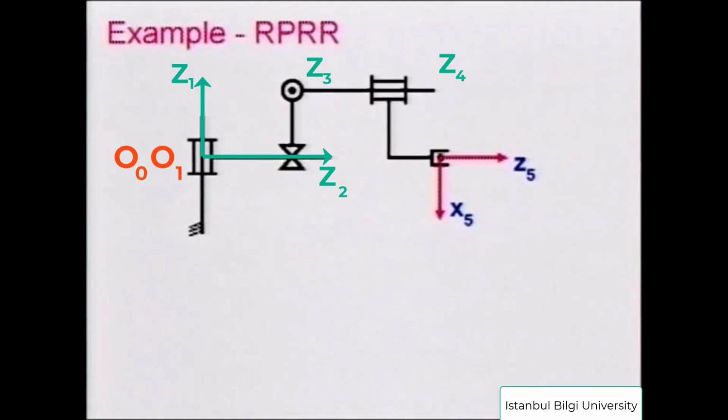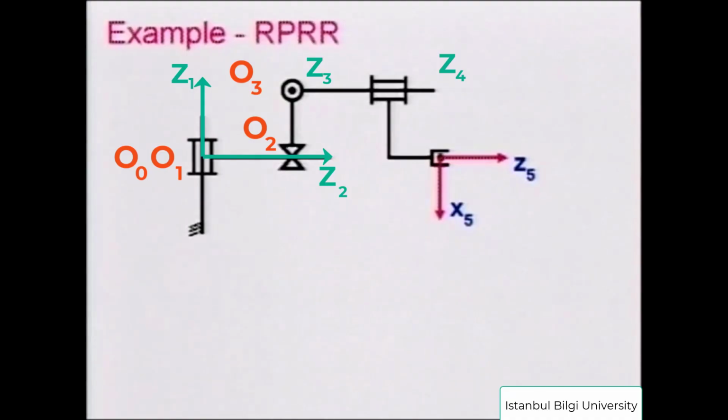So, coming to the next origin, O2. O2 happens to be here. And how did we assign it at this location? It is because of the common normal between Z2 and Z3 intersecting with axis Z2 at this point. That is how we get O2. What about O3? O3 is here at the intersection of Z3 with Z4. Now, O4. How do we define O4?